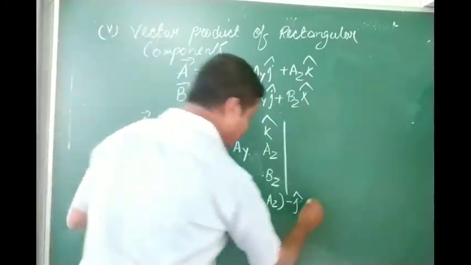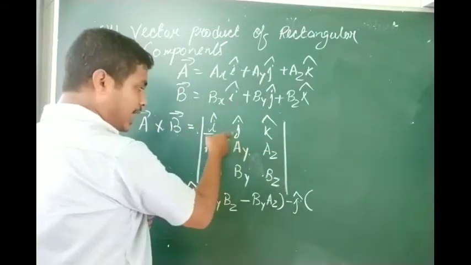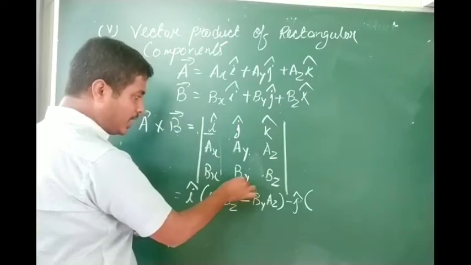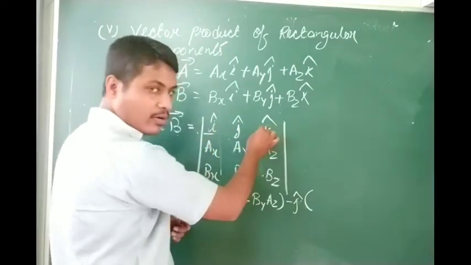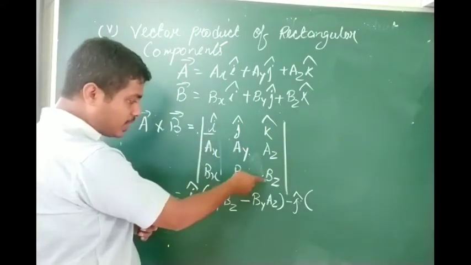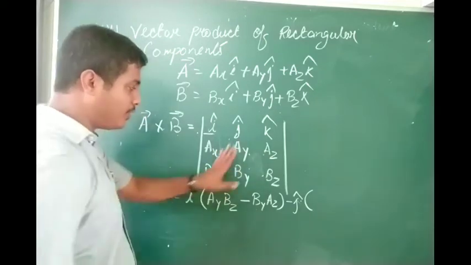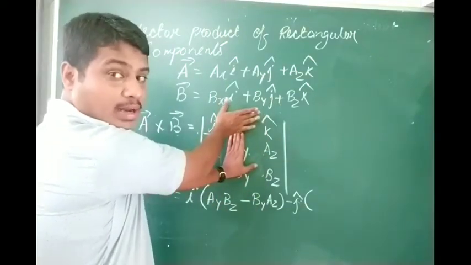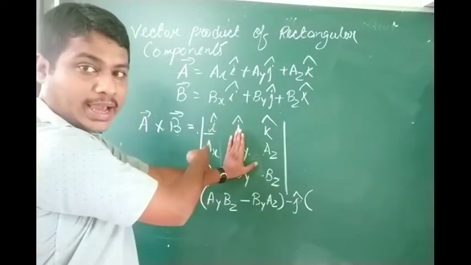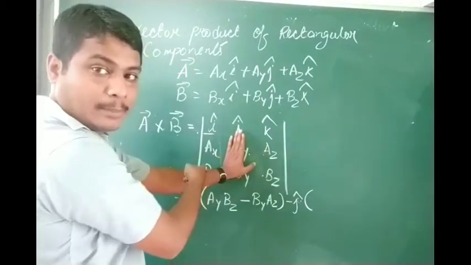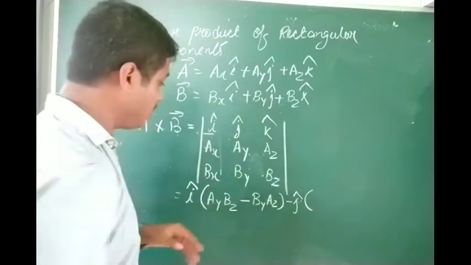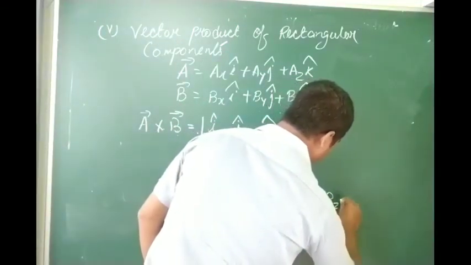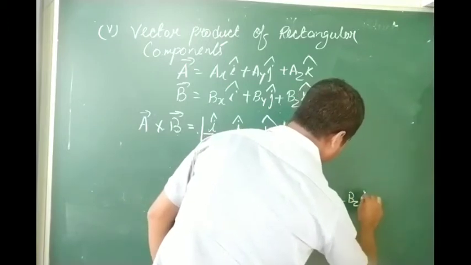Then in bracket, if I take j cap, you cannot take this ay by and you cannot take this ijk. What will be left out? ax bz and bx az will be left out. You can see what is left out, ax az, this side bx bz. Multiply ax bz, it will be minus of bz ax.